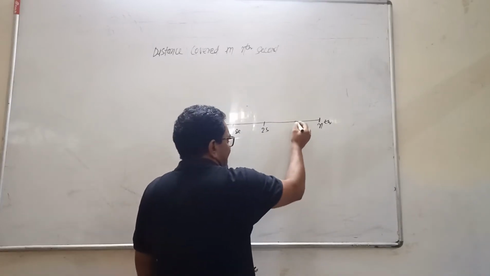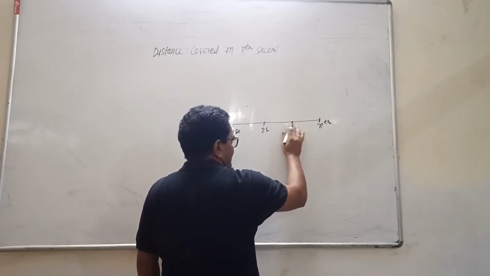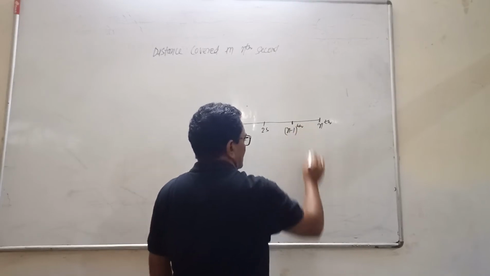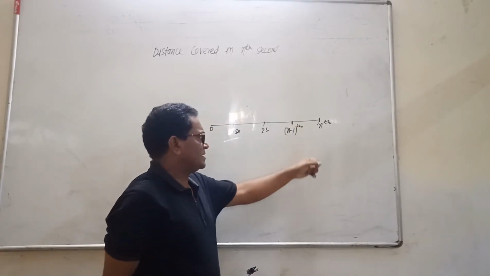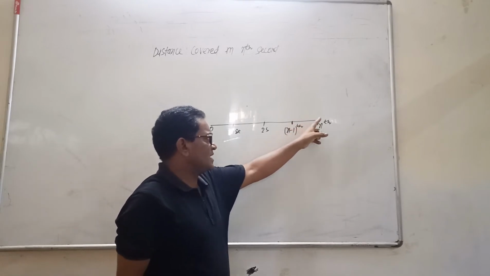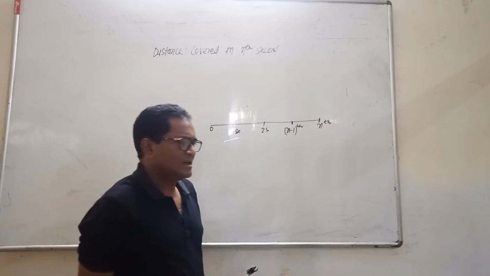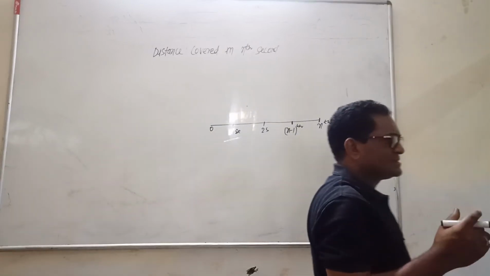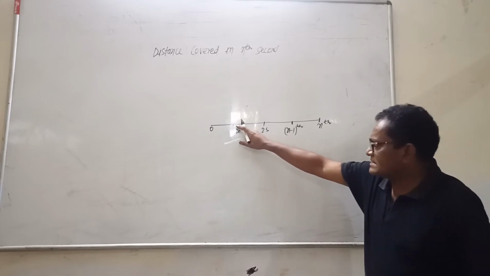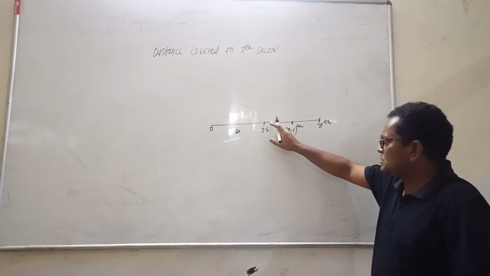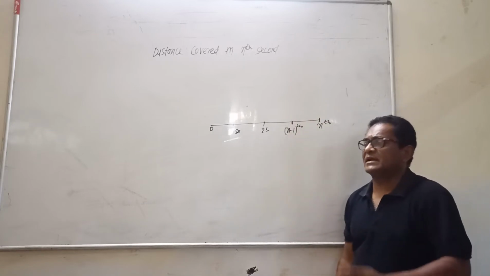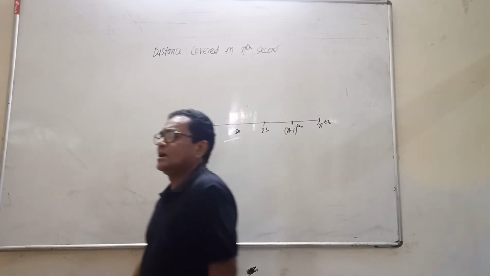And before nth second, there is the n minus 1th second. So the distance covered from n minus 1th to nth second is called the distance covered in a particular segment. 1 second से 2 seconds के बीच में, 2 seconds से n minus 1 या n minus 1 से n seconds के बीच में distance covered.